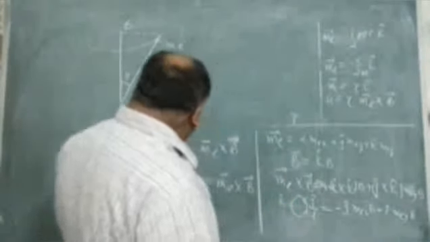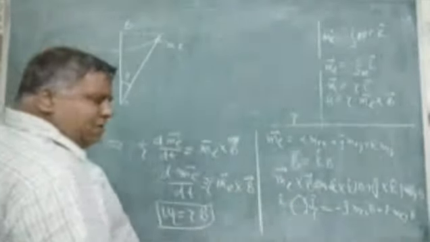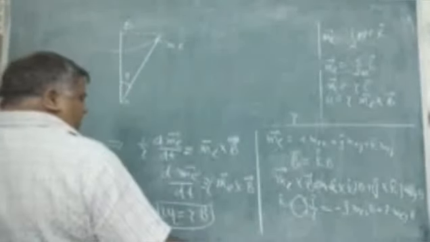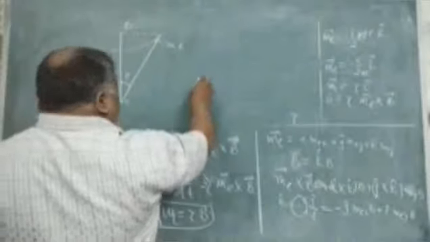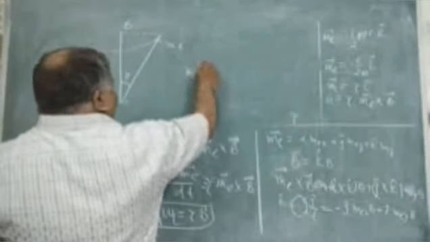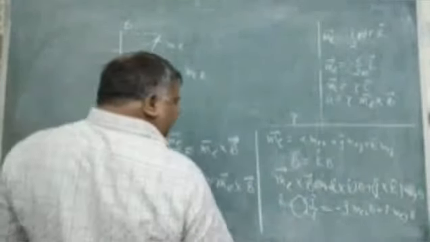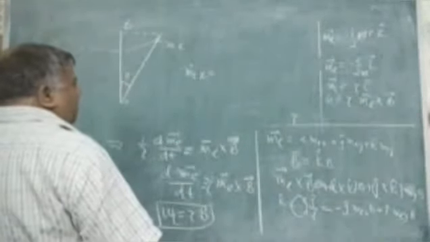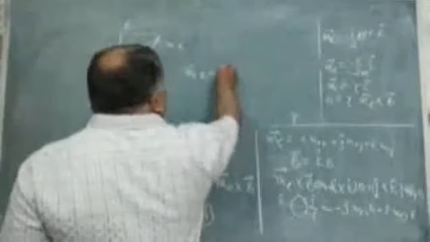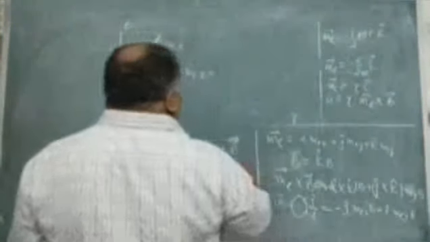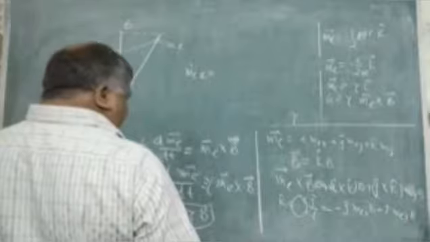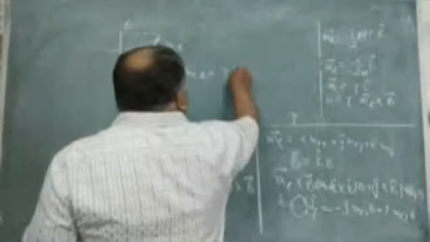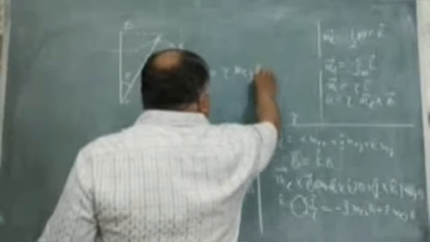So if you compare the components from this side, you have m_lx dot equal to gamma m_ly B.